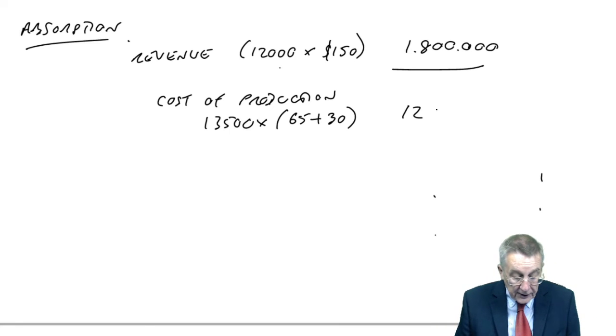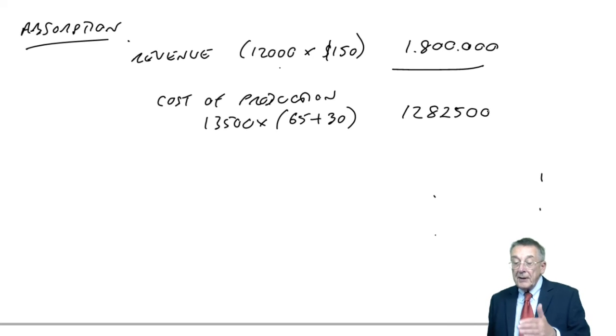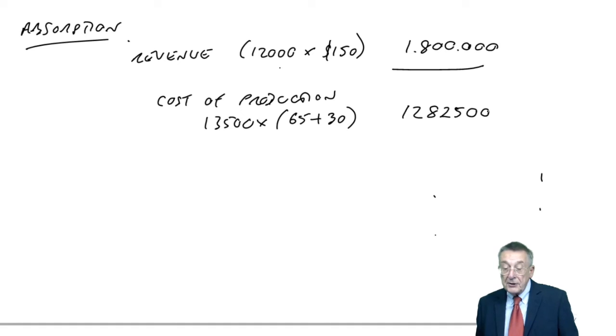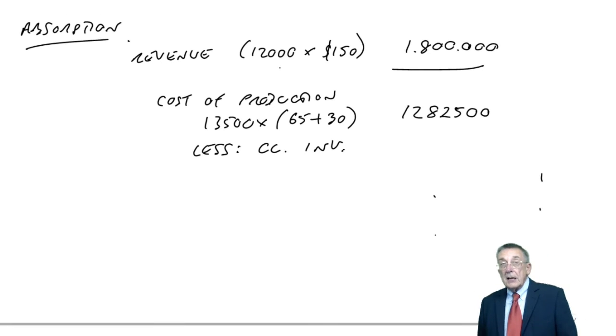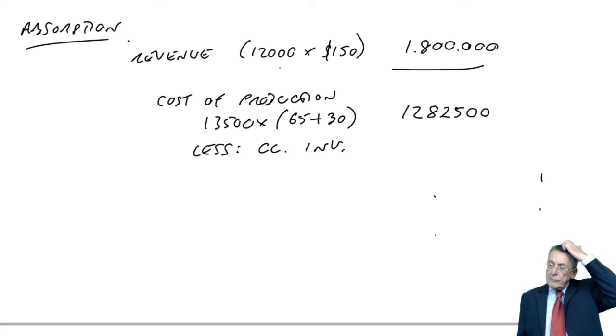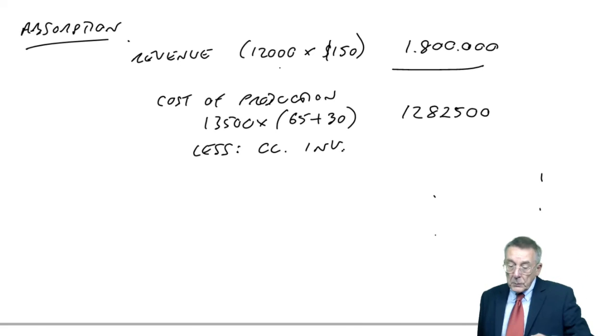So the cost of production will be 1,282,500. But that would be the cost of the 13,500 produced. To get the cost of the 12,000 sold, we'd subtract the closing inventory. I said I'm assuming no opening inventory, even though it wouldn't affect things overall.